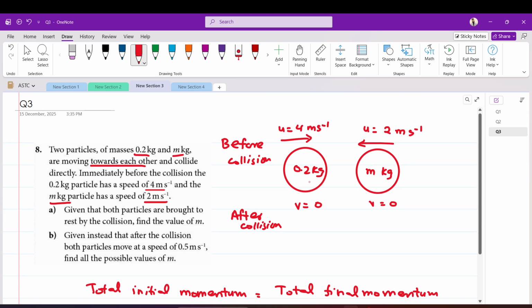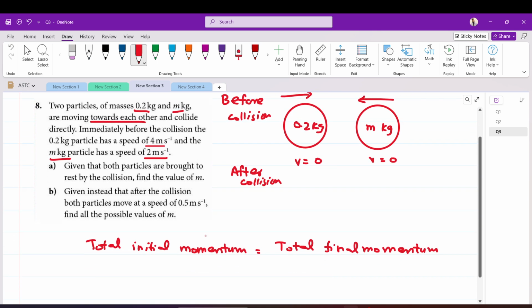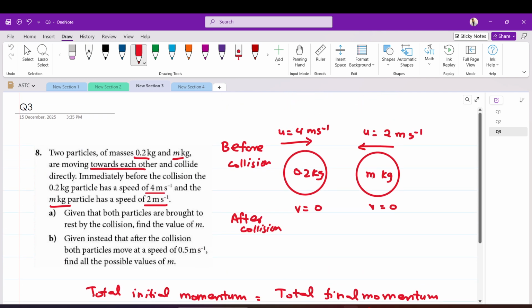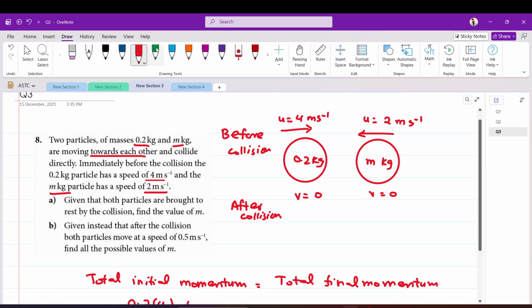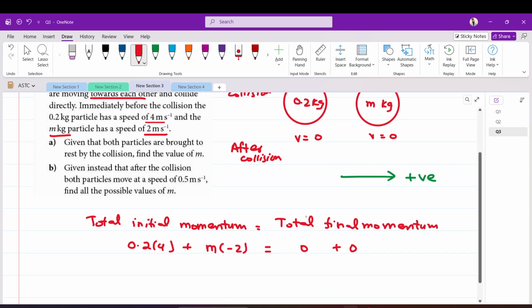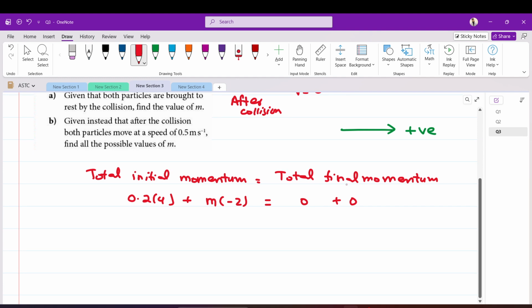So the first case will be 0.2 times 4 plus m times minus 2, because we are taking right hand side to be positive, whereas the particle of m kg mass is moving towards the left. So this will be plus m times minus 2 equals 0 plus 0, because the final velocity of both of them will be 0. So the final momentum is going to be equal to 0.